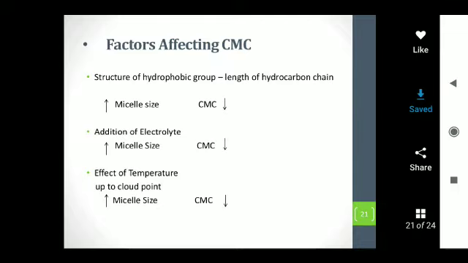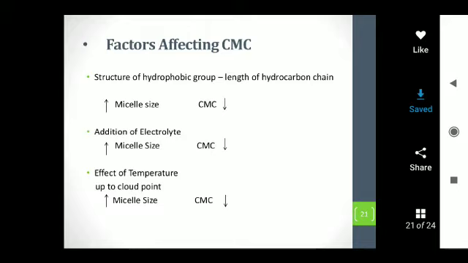Effect of temperature: with non-ionic surfactants, increasing the temperature decreases the critical micelle concentration as the micellar size increases. The temperature has a comparatively small effect on micellar properties of ionic surfactants.